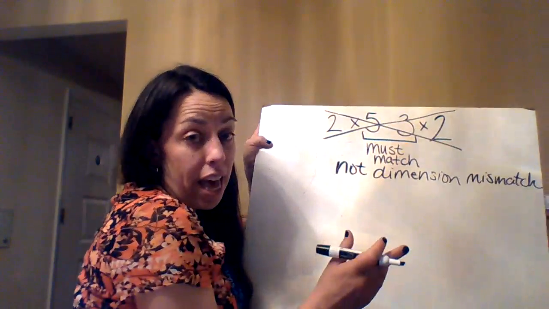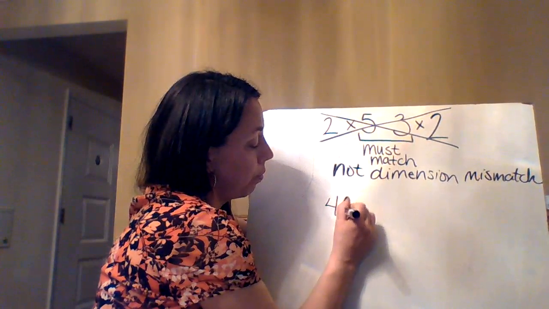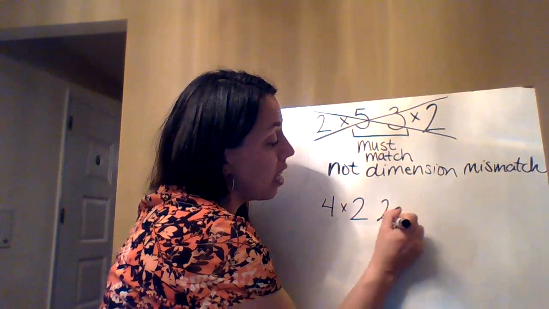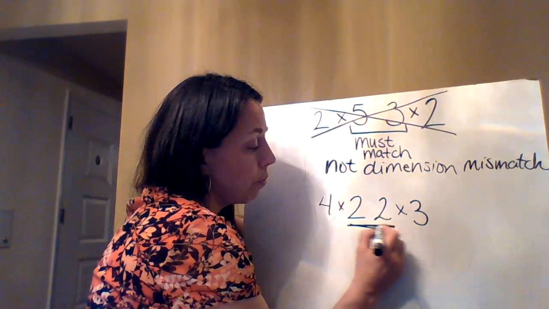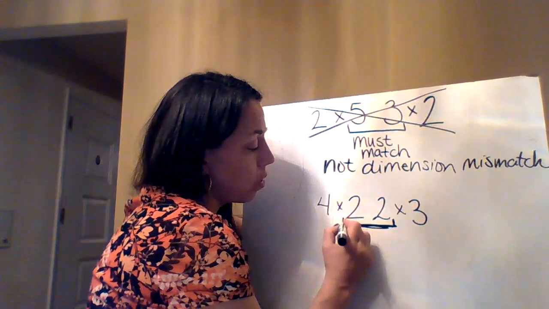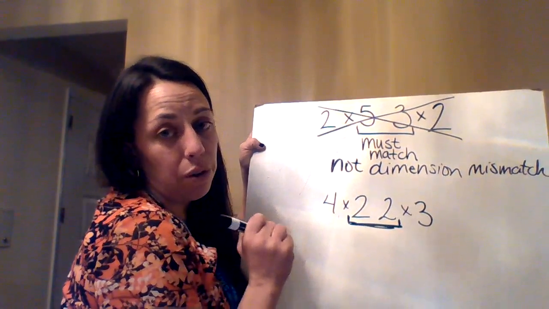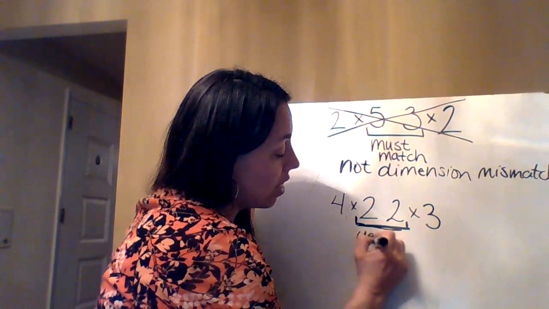However, let's say that we had a 4 by 2, but then a 2 by 3. Please look right here. Even though my 2's look different, are those both 2's? All right, since they are both 2's, yes, they match.